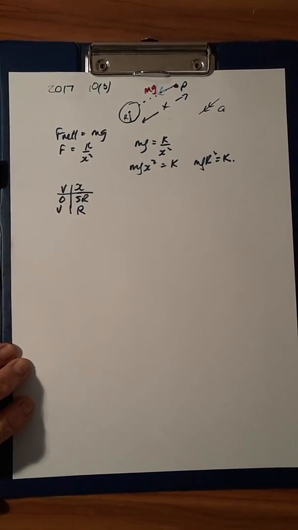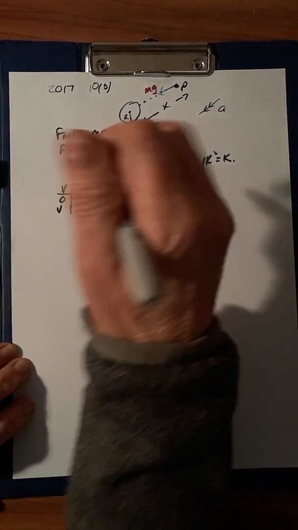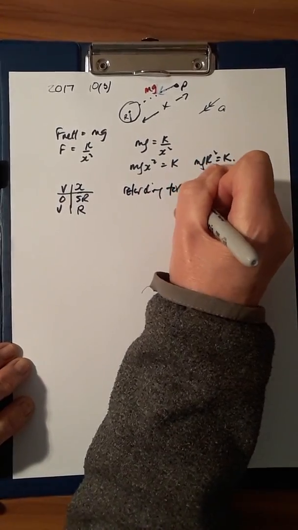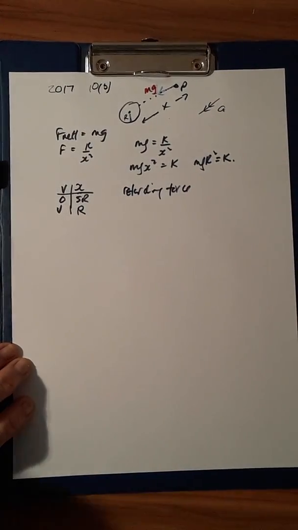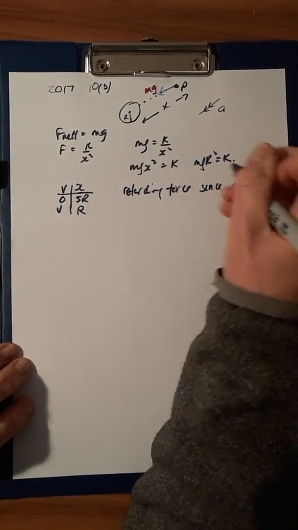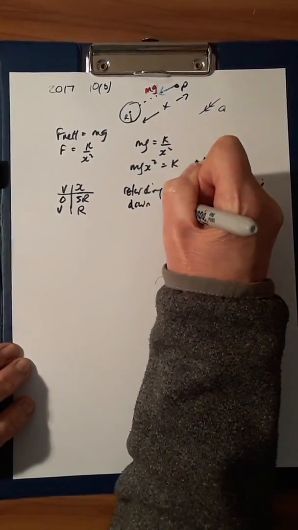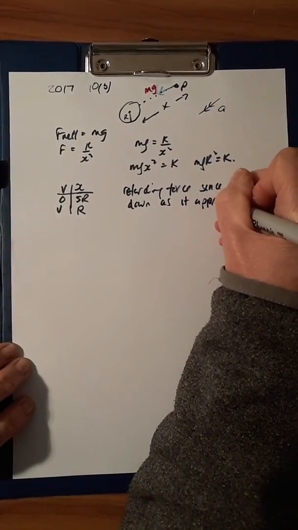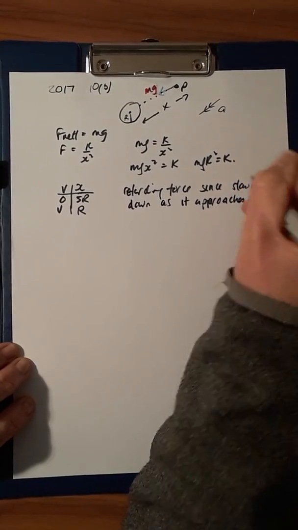The other thing is I've got to remember that this spacecraft is coming in towards the centre of the Earth, so it is a retarding force. The Earth is exerting a retarding force because this spacecraft P is slowing down as it approaches the centre of the Earth.